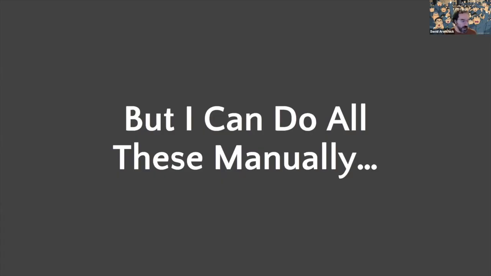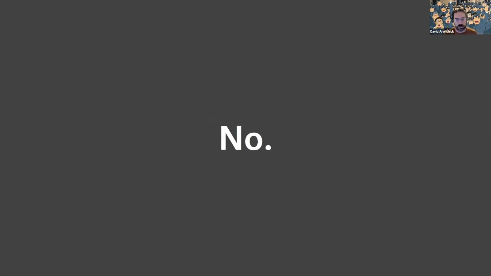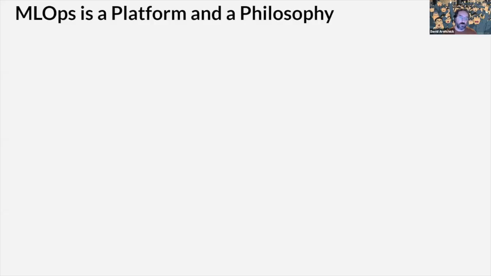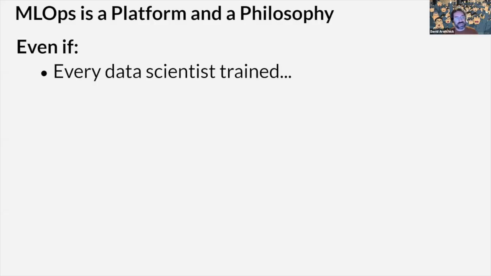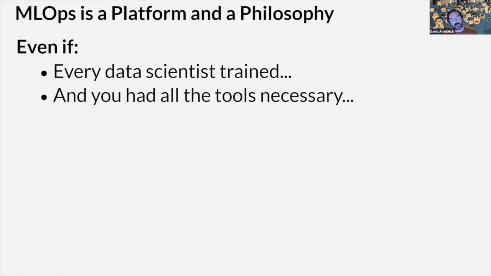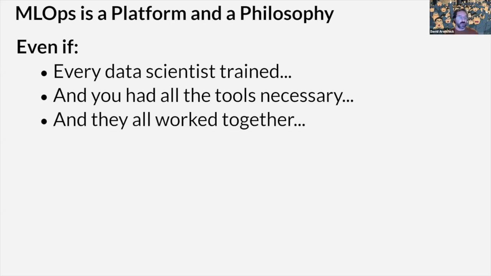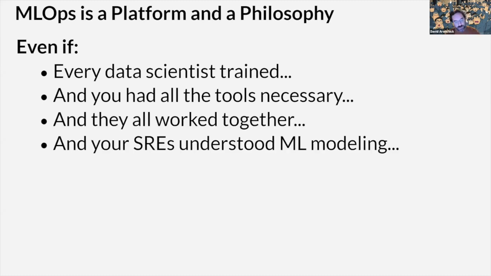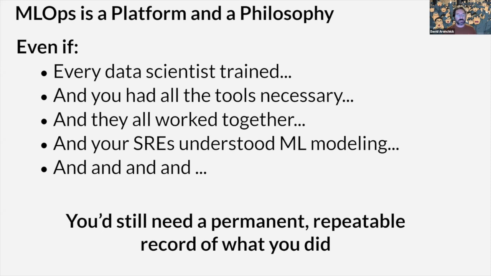Now you say, well, I can do all these manually. I'm going to have a big, long checklist. And the reality is, no, you can't. And the reason I say no is because even if you trained every data scientist and you had all the tools necessary, they were all working together, and all the SREs understood ML to the same degree your data scientist did, you still need a reproducible permanent record of what you did, right?